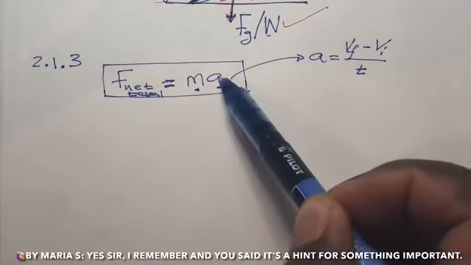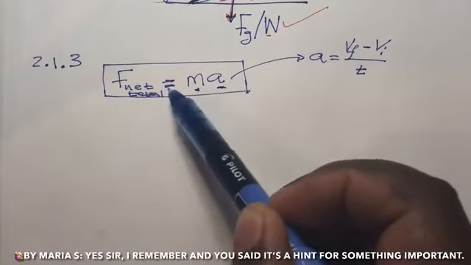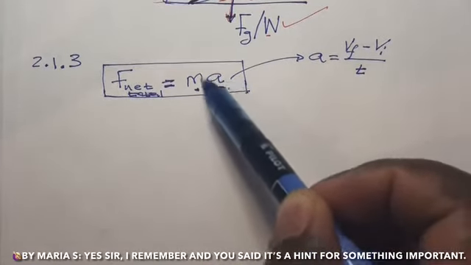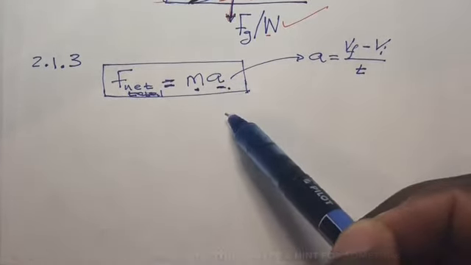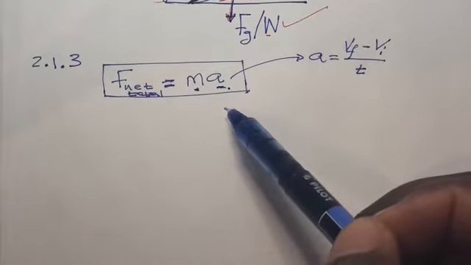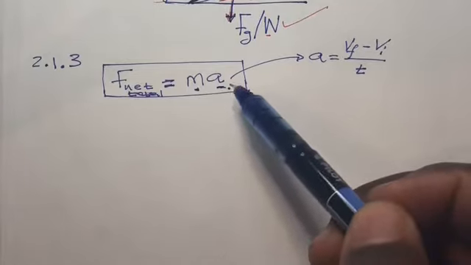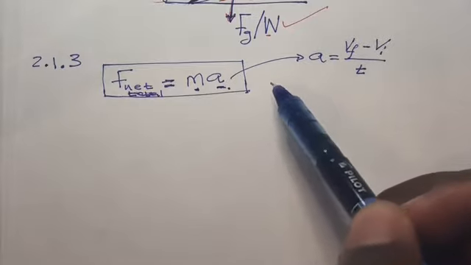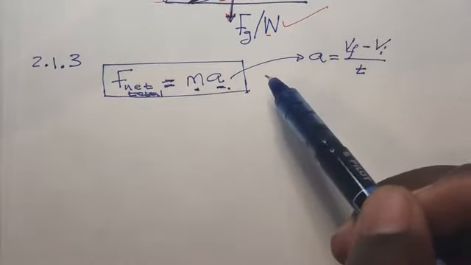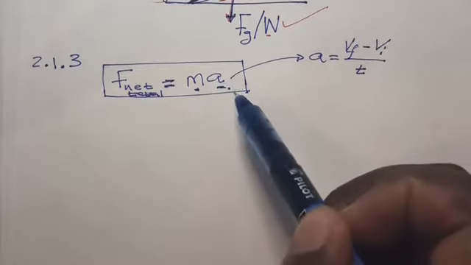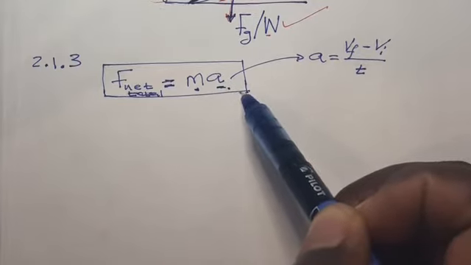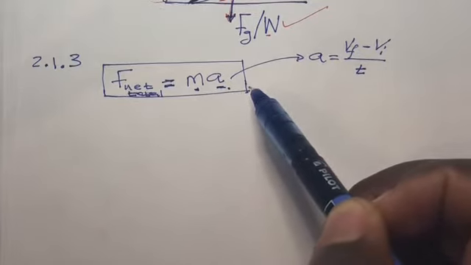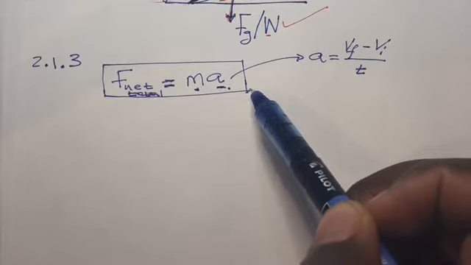Remember, the formula says F net equals ma, and a refers to the acceleration of an object which is in motion. So obviously, if the acceleration is constant, it means the object is moving at a constant speed.